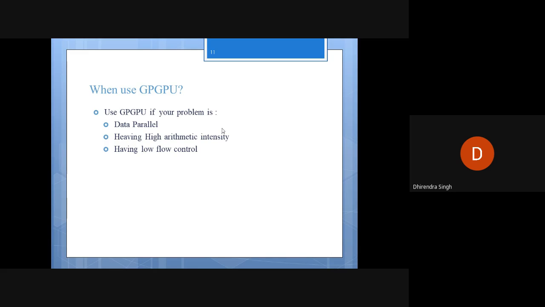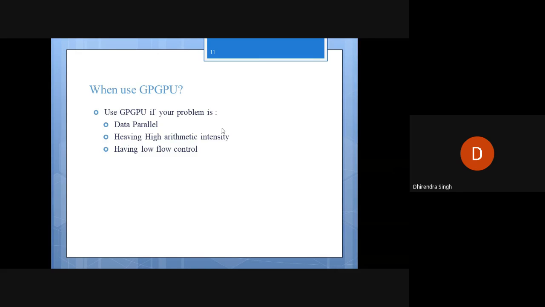Once you have got data, perform different kinds of calculation on that data. If instead you are just copying the data into main memory and reading it back, then it's not good. So if your problem has high arithmetic intensity, it's good to go ahead with GPU computing.